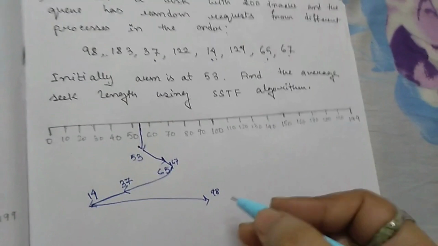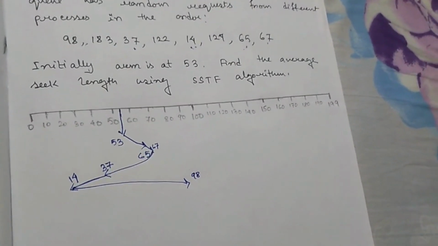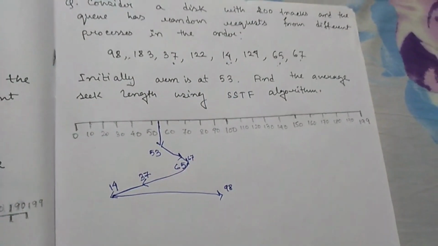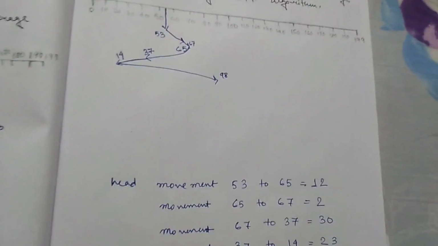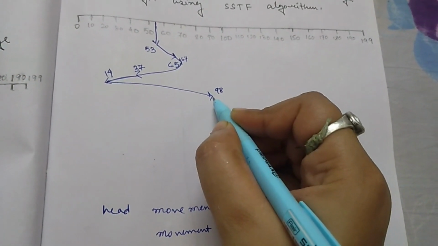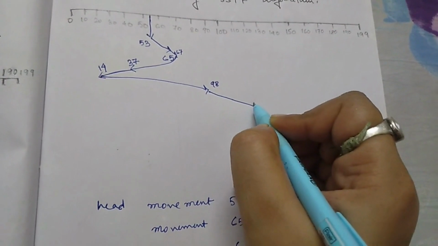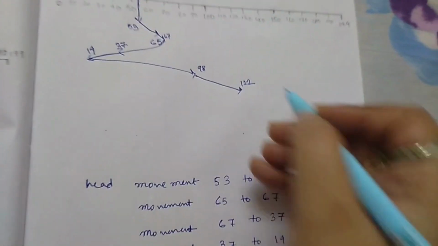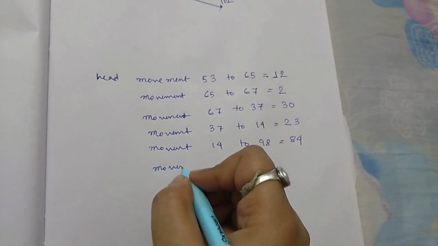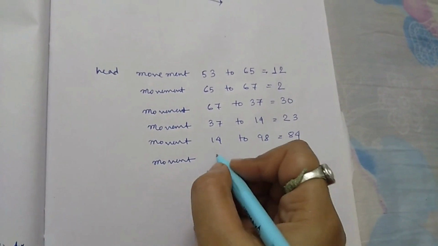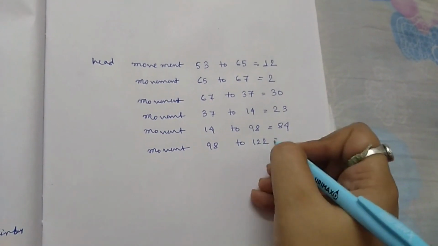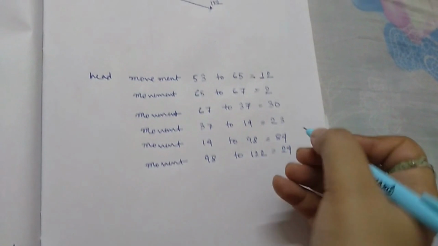The next nearest job to 98 is 122. So we draw 122, and again we calculate the movement, 98 to 122, and the gap is 24.